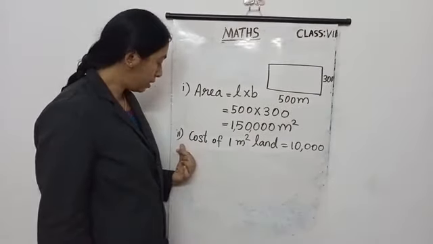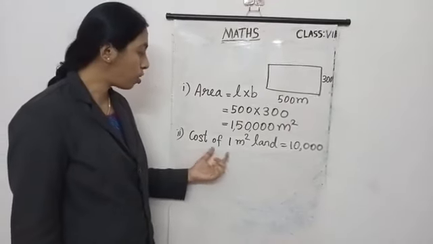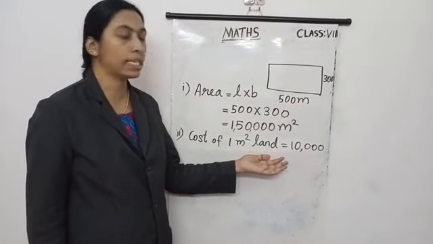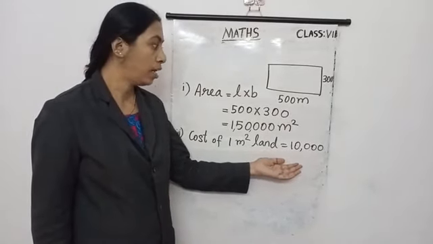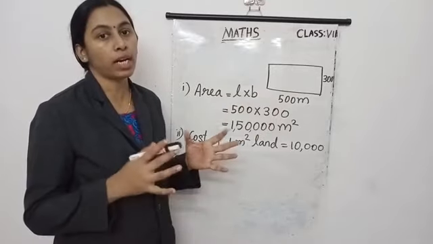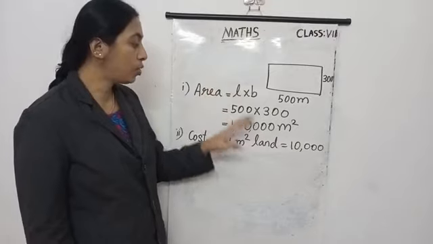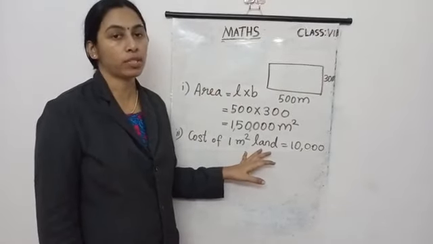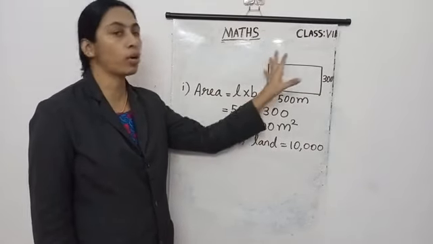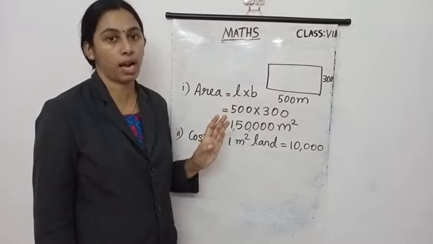So next sub question 2. Cost of 1 meter square land is given. That is 10,000. We need to find the total cost of this land. So area into cost of 1 meter square land, we get total cost of this land. Understood?